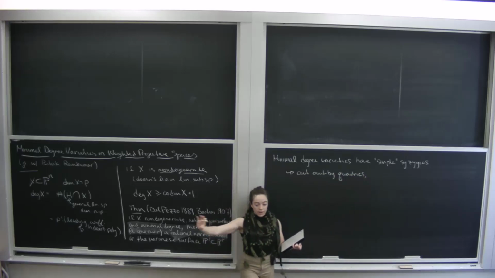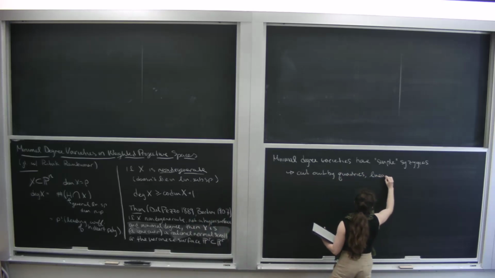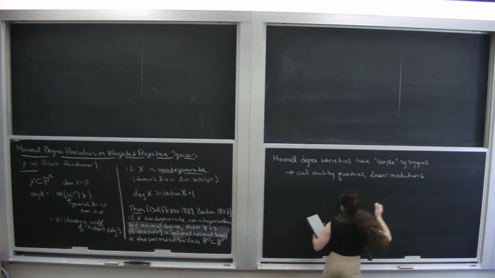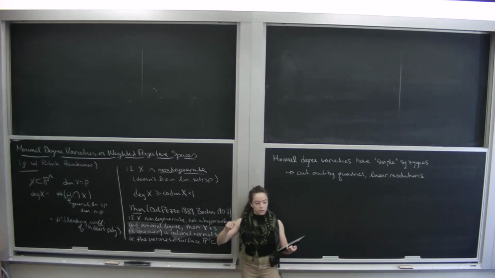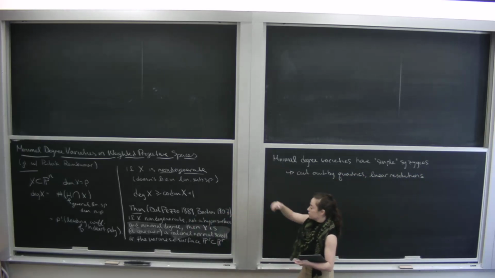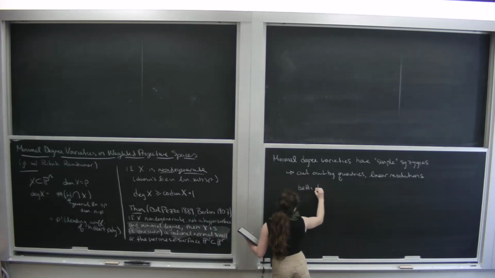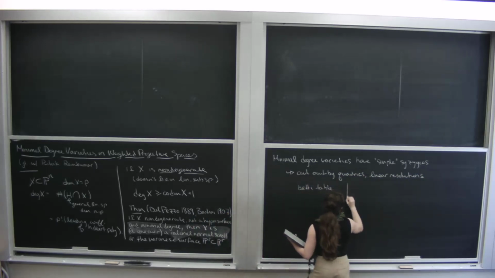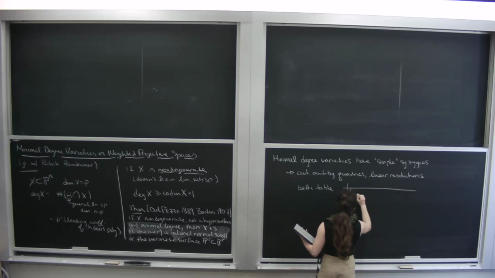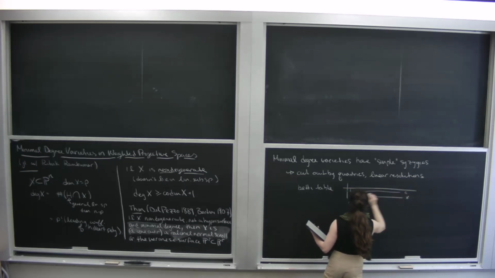They also have linear resolutions. So if I look at the minimal free resolution, all of the maps are linear. And if I think of the Betti table, these are all zeros.